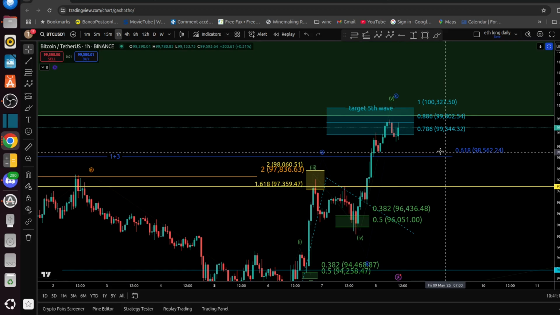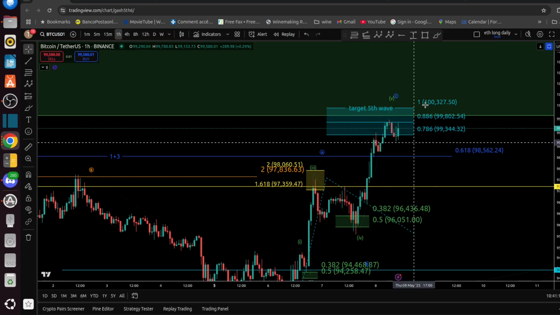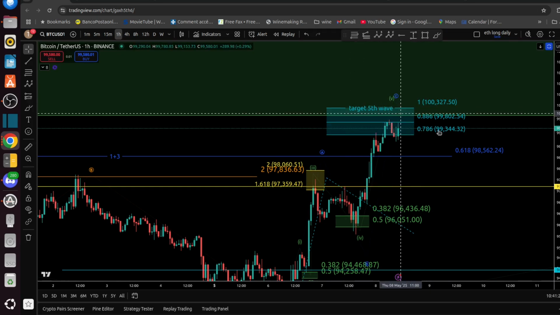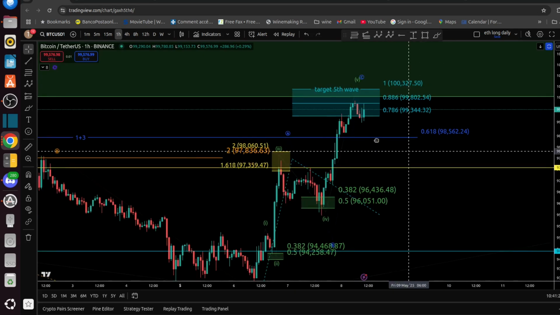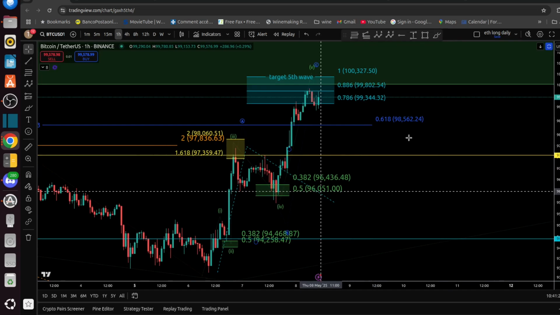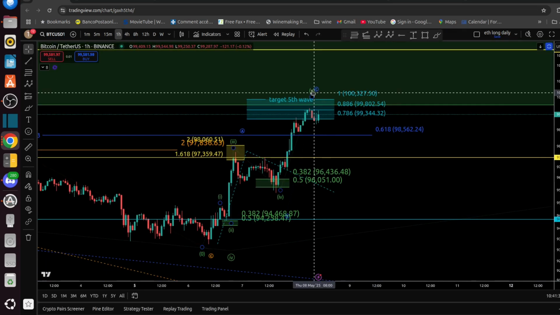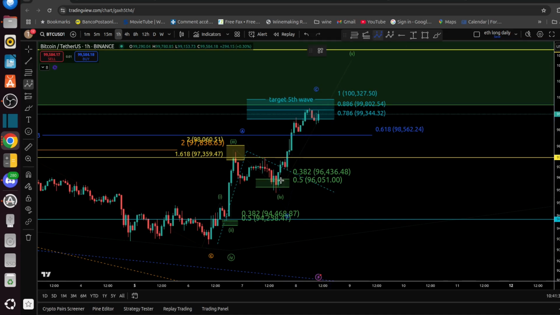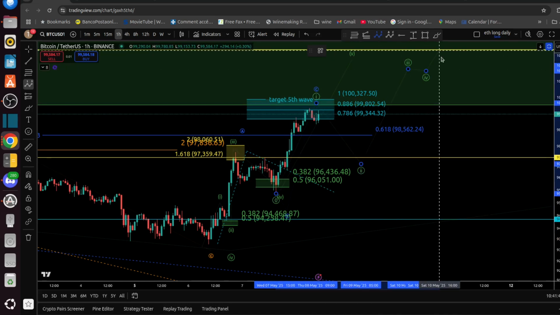Because I use Fibonacci extension and Elliott waves, I know that I have 5 waves up. I know that I am in the zone for the 5th wave. Now, can it make an extension? Yeah, it can, but this would imply that this wouldn't be a 5th wave, and that this would be a wave 1, and then another wave 2, and then 3, 4, 5.